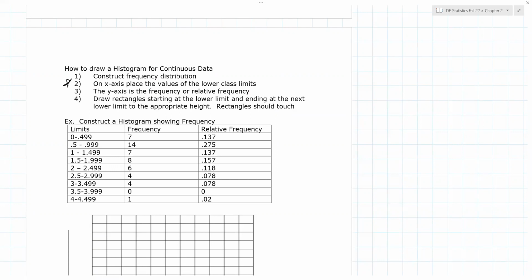Lower class limits. That's it. Next, the y-axis is either our frequency or relative frequency. And then we draw our rectangles starting with the lower class limit and ending at the next lower class limit. And the height depends on the height of those certain classes.